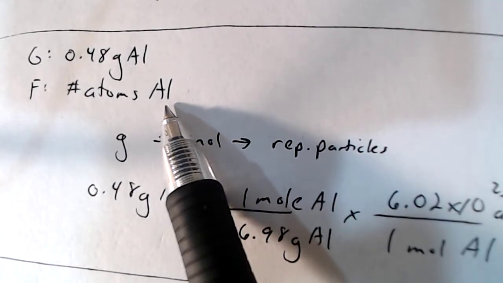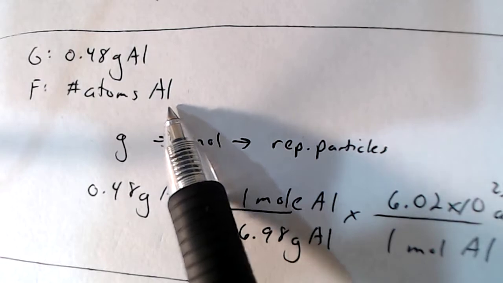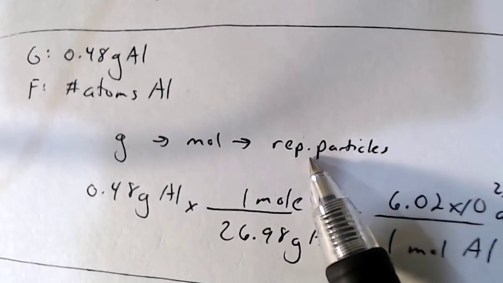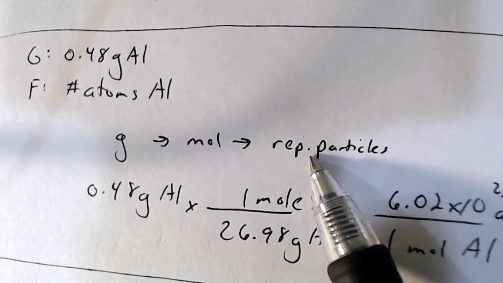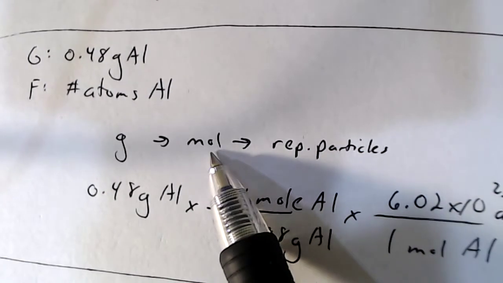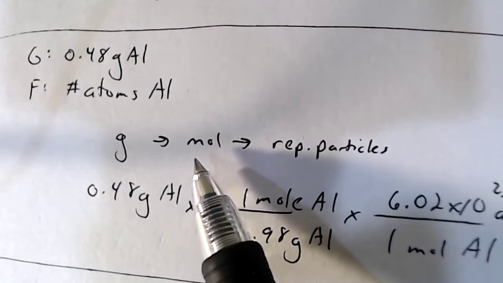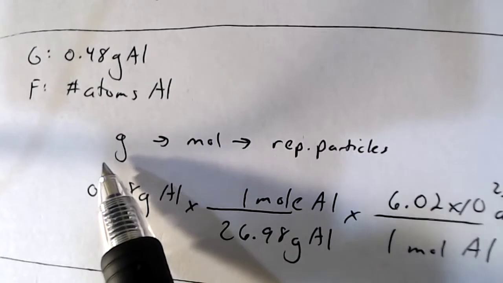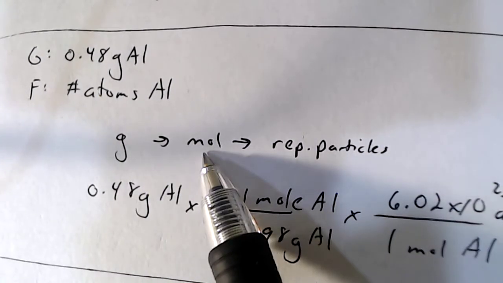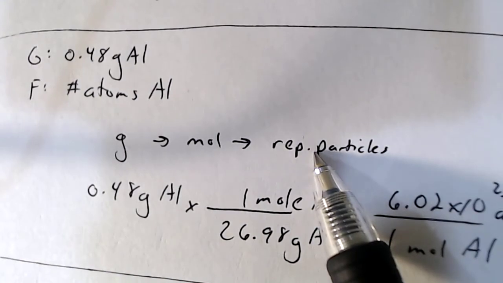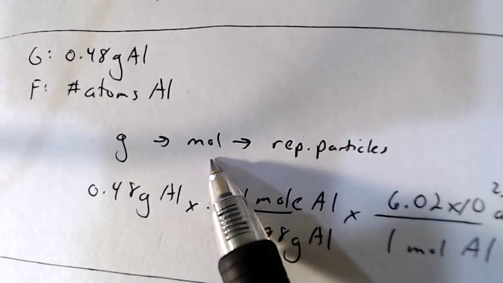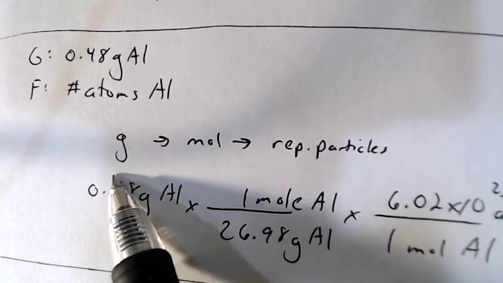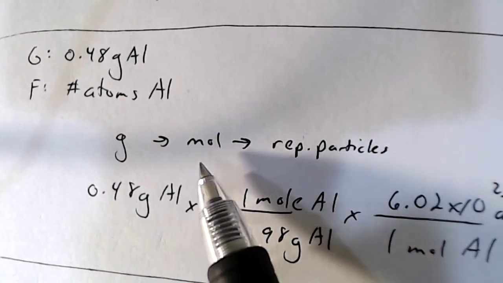The representative particle of aluminum is atoms, so we can just go into representative particles here. But in order to do that, you need to go through the mole. We know the molar mass of aluminum, the number of grams per mole, and we know that there's 6.02 times 10 to the 23 representative particles per mole. So the only connection between mass and representative particles is mole.